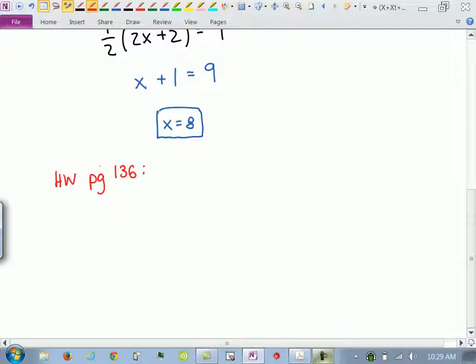Your homework is 9 through 17, odd, 21, and 23.